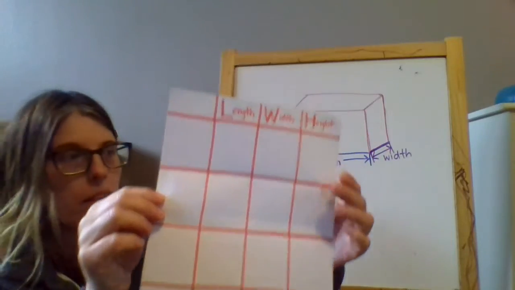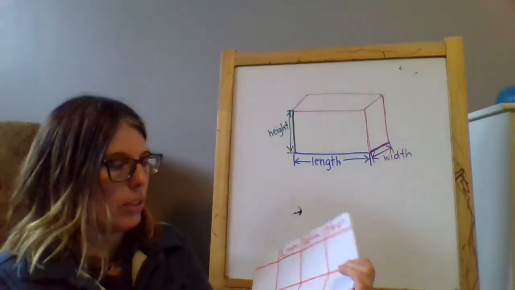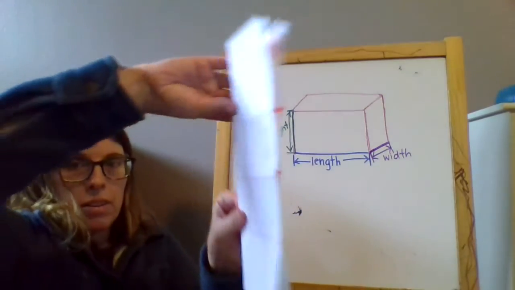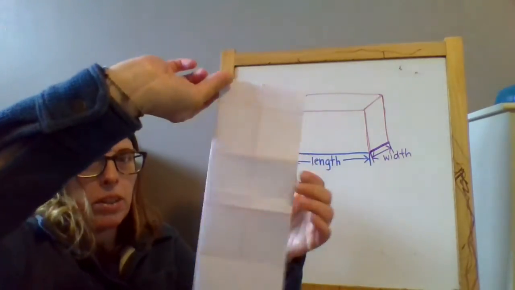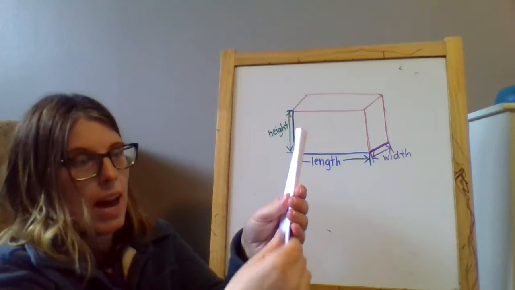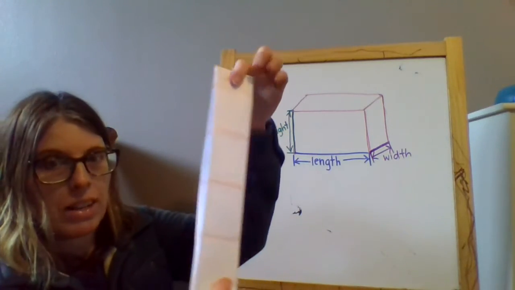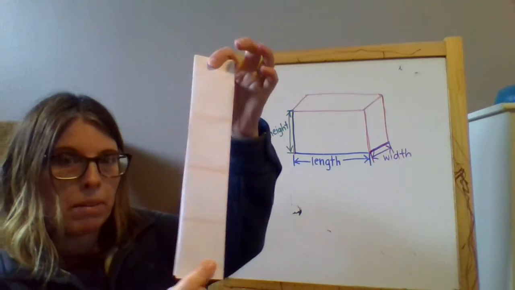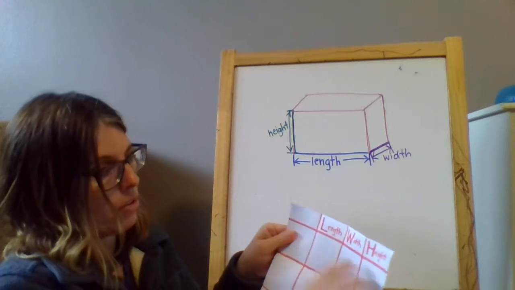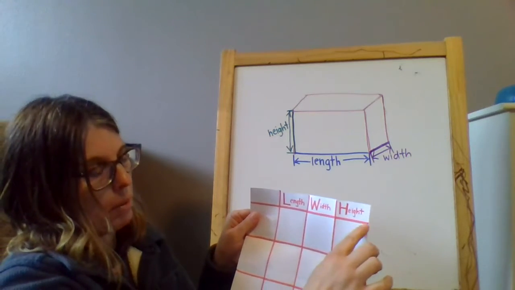Okay. So to do that, you'll want to fold your paper in half the long ways, so hot dog style, fold it in length that way. And then you'll want to fold that in half again. So you end up with this skinny paper here. And then you're going to open it up and draw a line across the top.